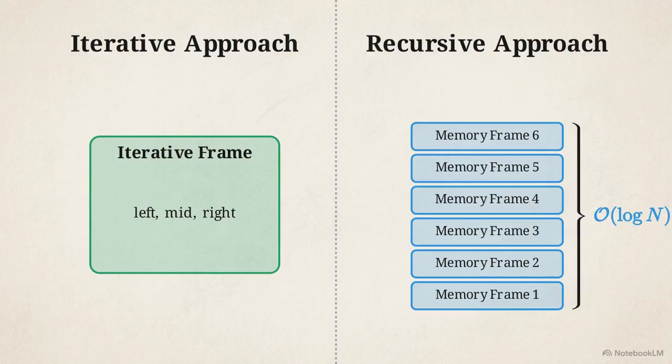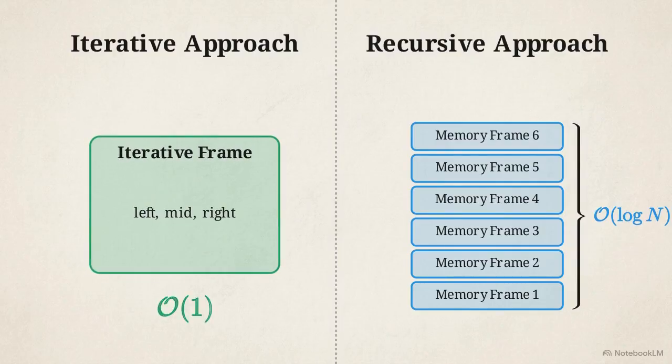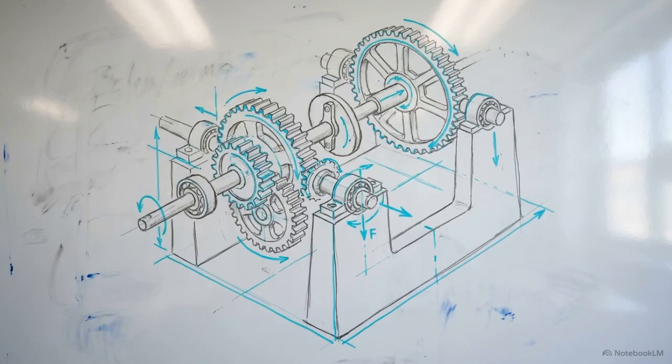The iterative approach updates pointer variables in place, requiring only a single constant block of memory, maintaining a strict O of 1 footprint. Accounting for single-element edge cases and minimizing the stack memory footprint allows the algorithm to function reliably within tight system constraints. We now have a mathematically sound, fully deduced architecture.